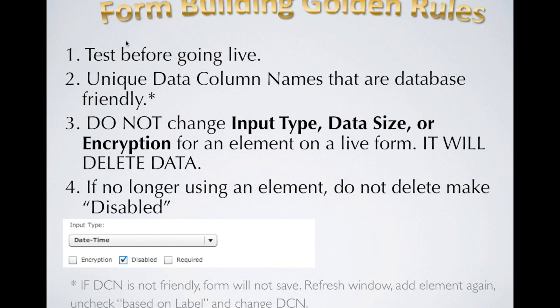So any data that you had previously collected before you had changed it to a pick list would be lost. So if you do need to make that kind of change, you actually want to disable the field that you were first using. So for that scenario, that would be the select option list. You'd want to disable that field, then add a new field or duplicate the select option list and then change that to your pick list.